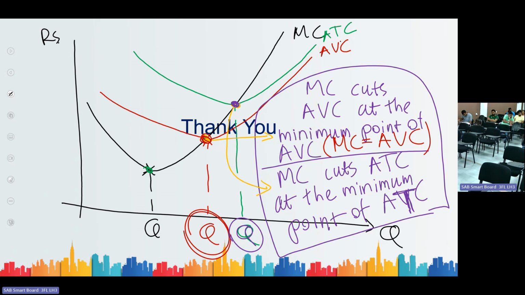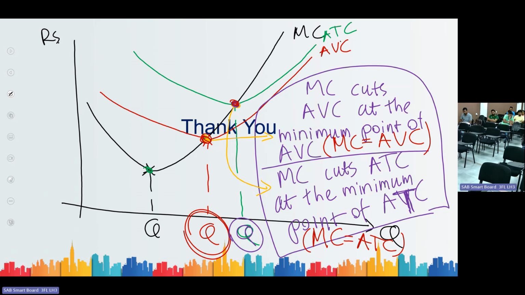And at this point, MC cuts ATC at the minimum point of ATC. In other words, at that point, MC equals ATC. So these points are observed in our calculations as well.